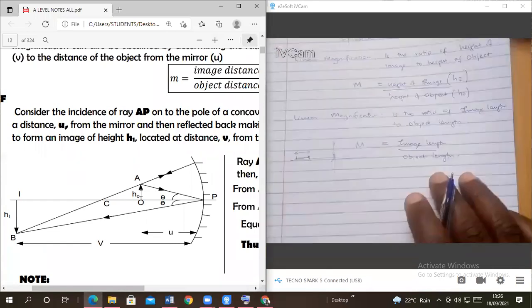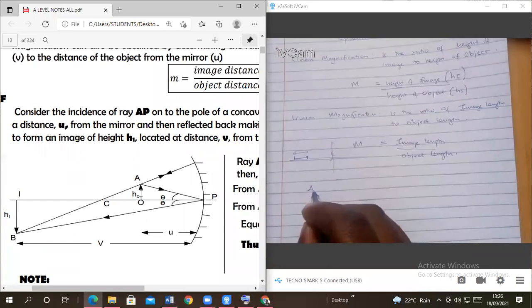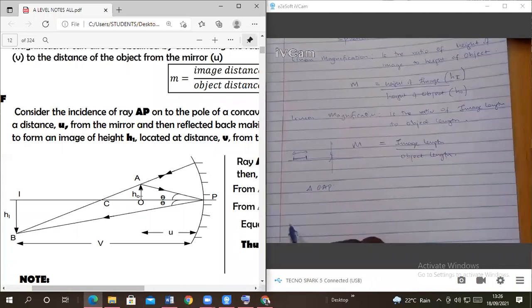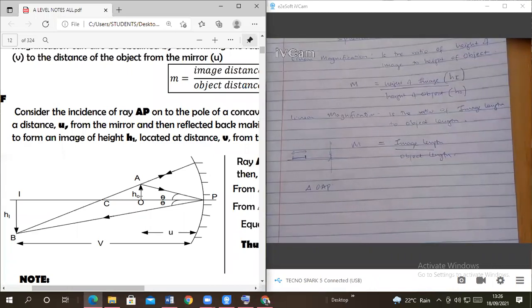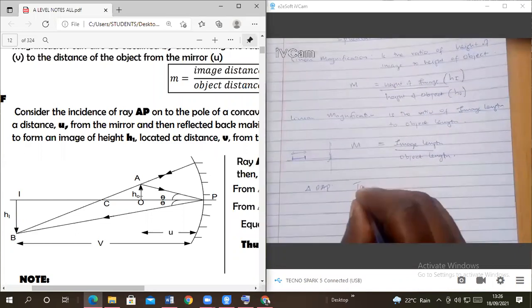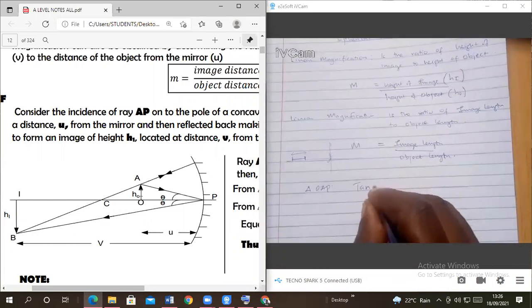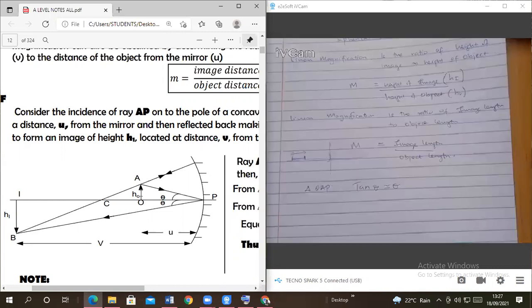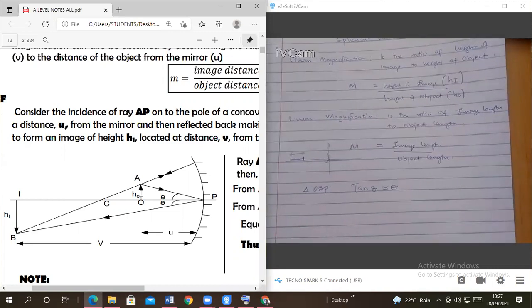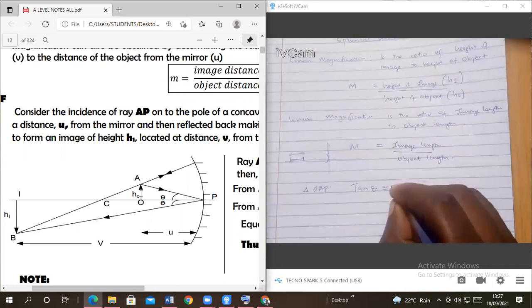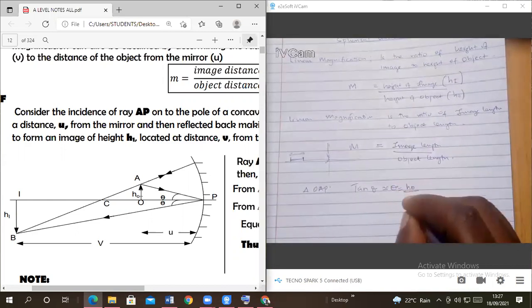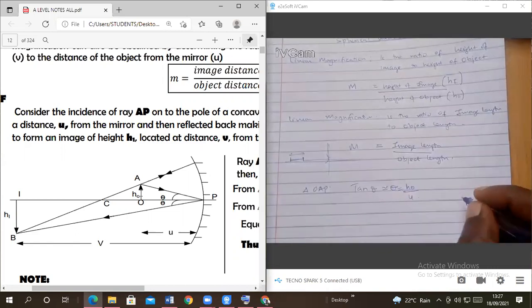So when you are using triangle OAP, draw the diagram and use the triangle OAP. Tan theta is approximately equal to theta because those are small angles. So it is going to be equal to H0 out of OP, but OP is U, isn't it?